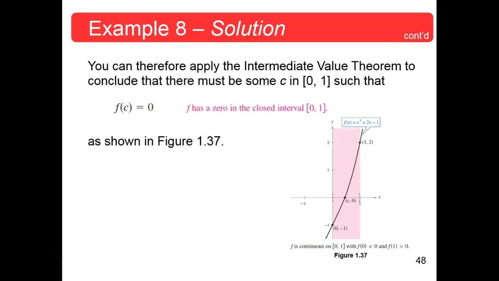And they pulled out their graphing calculator and graphed it and saw that, yes, there's one, and in this case only one value c. It looks like something between, say, 0.4 and 0.5. That's just a guess, for where f equals 0. All right, any questions on that? All you have to do here, it's just an existence theorem. It doesn't give you a value, it just tells you one exists, and it does.